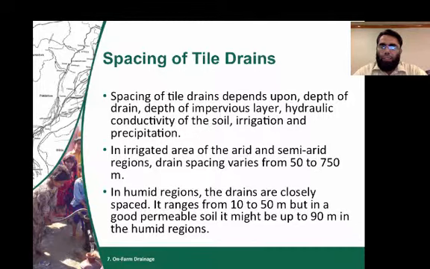In irrigated areas of arid, semi-arid regions, drain spacing normally varies from 50 to 750 meter, and in humid regions where you have a lot of water, the drains they are closely spaced, and spacing ranges from 10 to 50 meter, but in good permeable soil it might be up to 90 meter.